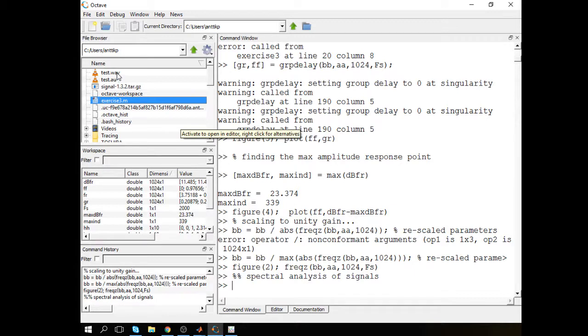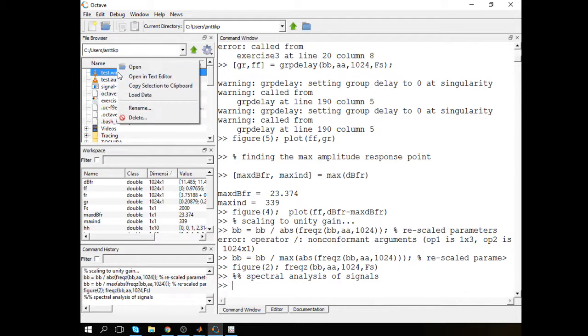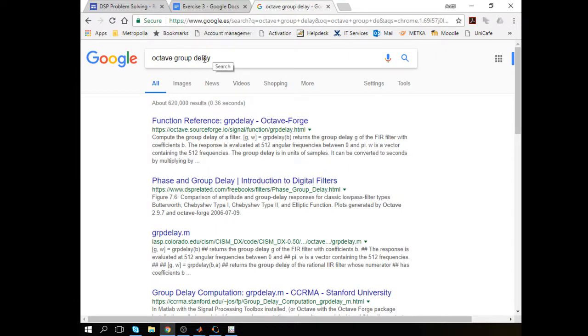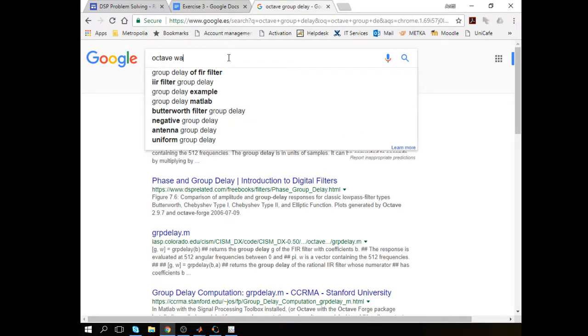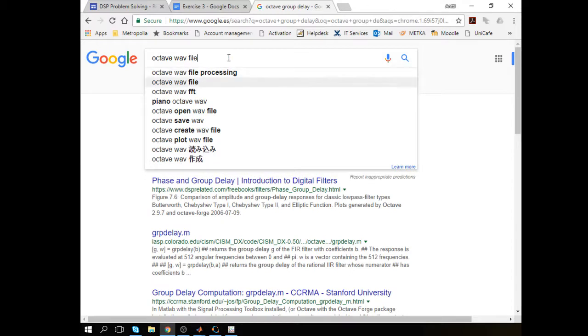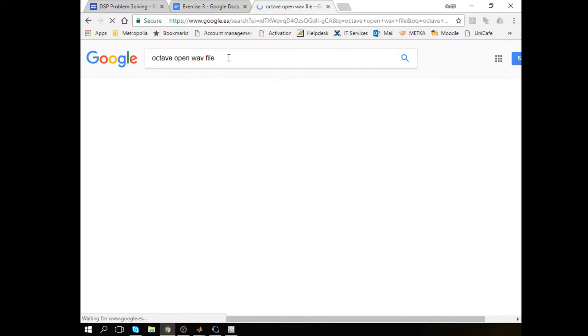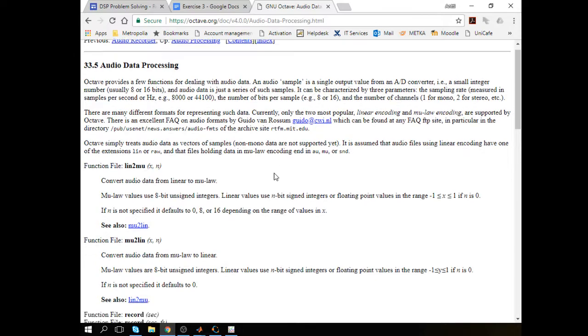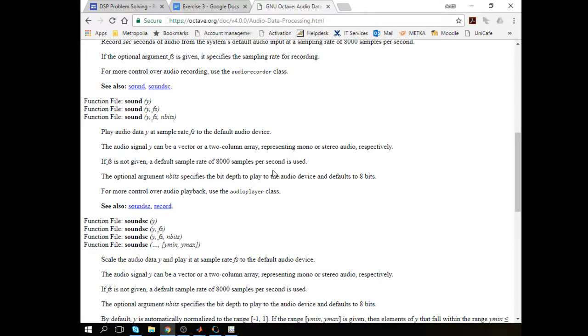But let's see, I have a couple of test files here. Well, I'll try my luck. Open WAV file, audio data processing. Sound is there.